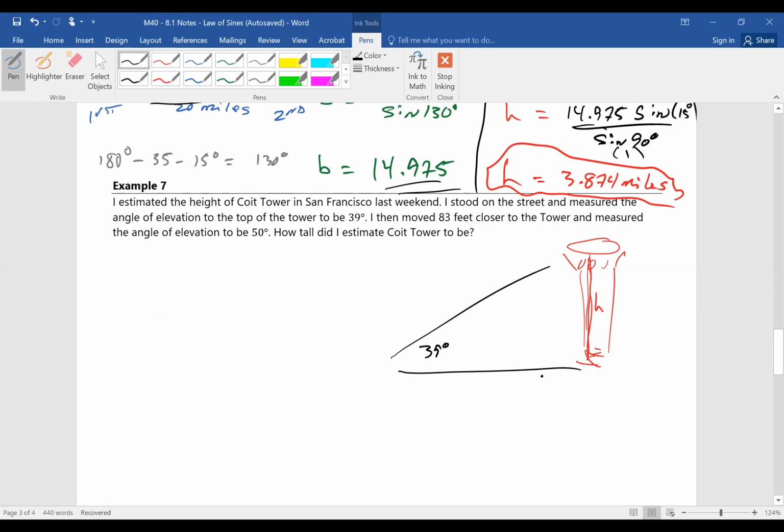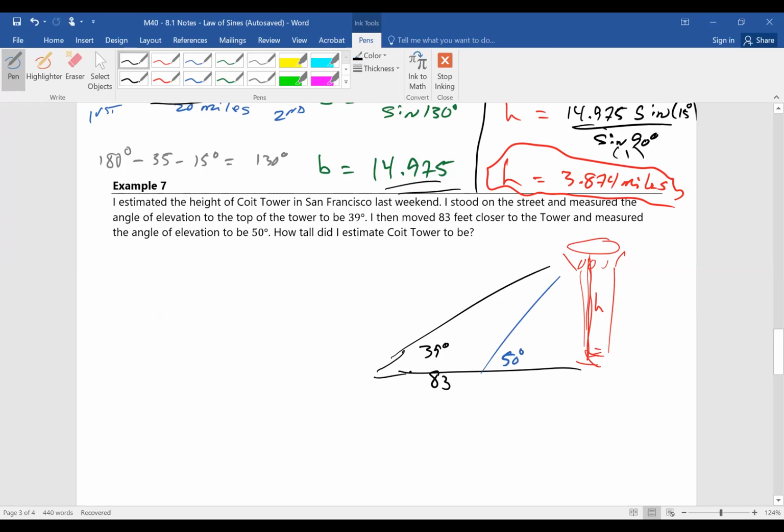Okay? Don't know how far away they are from the tower. Then this person moved closer, and this is what these estimators do as well. They moved closer and measured the angle of elevation to be 50 degrees. But they moved 83 feet closer, so you know that this is 83 feet.